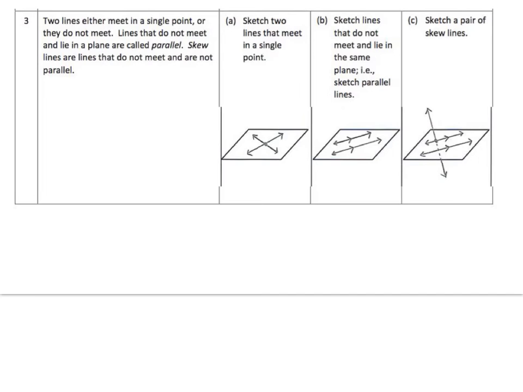Cool. Here we have 2 lines either meet in a single point or they do not meet. Lines that do not meet and lie in a plane are called parallel. Skew lines are lines that do not meet and are not parallel. So I have 2 lines that meet at a single point, 2 lines that never meet because they're parallel, and then a pair of skew lines.